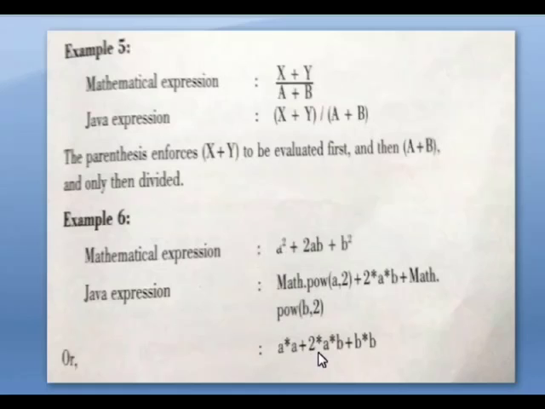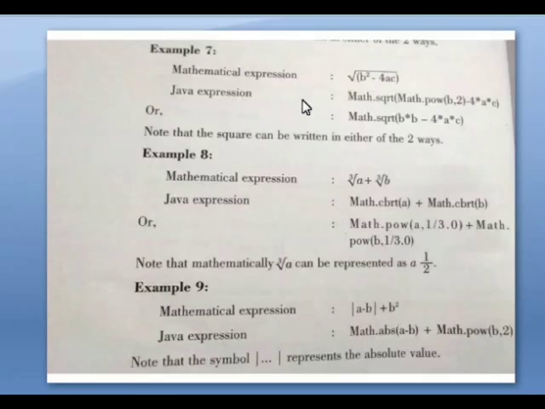Example number 7: the mathematical expression is the square root of b square minus 4ac. So the Java expression is Math.sqrt, because the square root is common to all of b square minus 4ac, so it is in the outer bracket. In the inner bracket we write Math.pow of b comma 2 minus 4 into a into c.